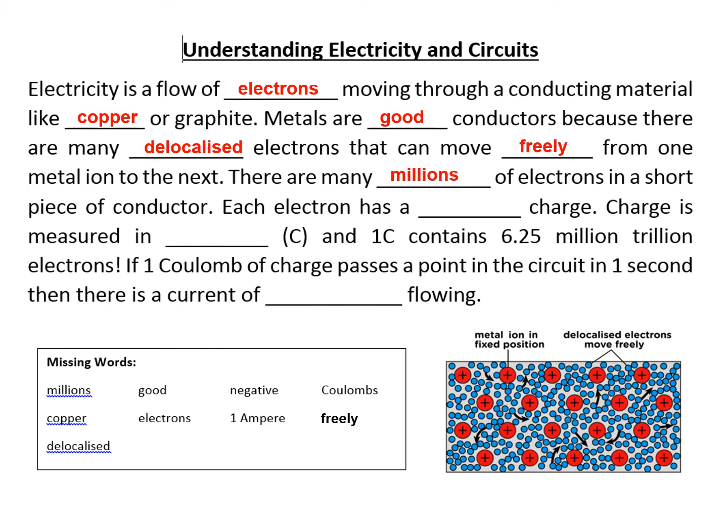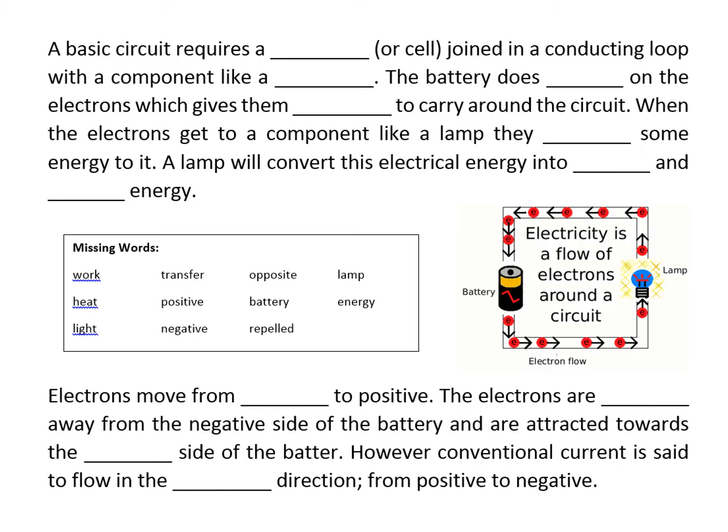There are many millions of electrons in a short piece of conductor. Each electron has a negative charge. Charge is measured in coulombs, and 1 coulomb contains 6.25 million trillion electrons. If 1 coulomb of charge passes a point in the circuit in 1 second, then there is a current of 1 ampere flowing. So take your time with that one, read it again, you can replay the video.